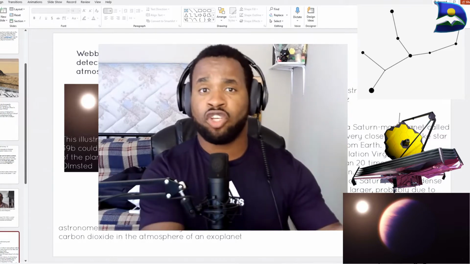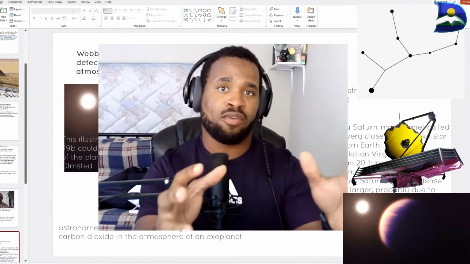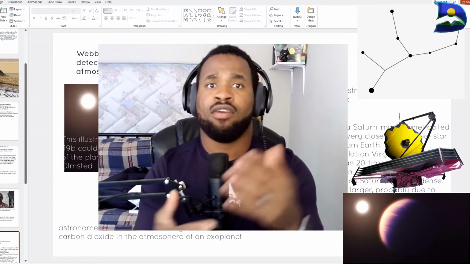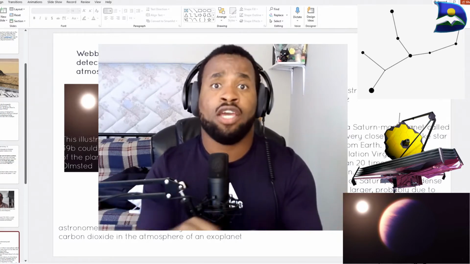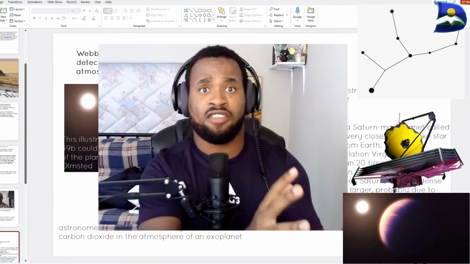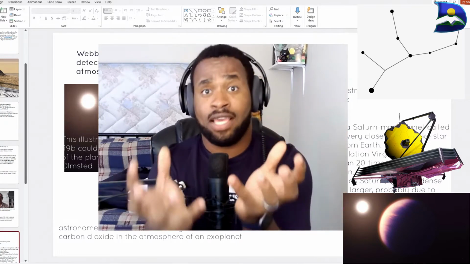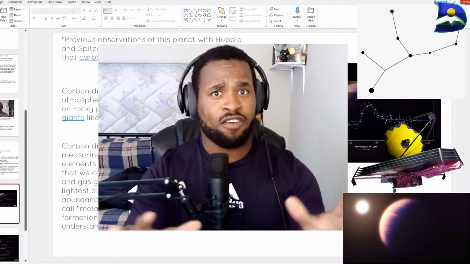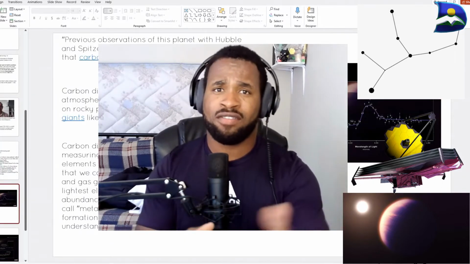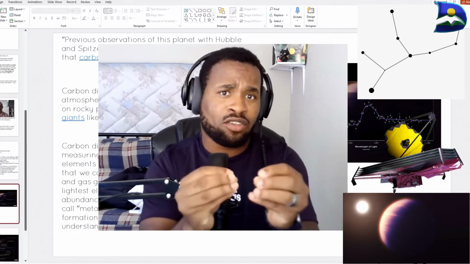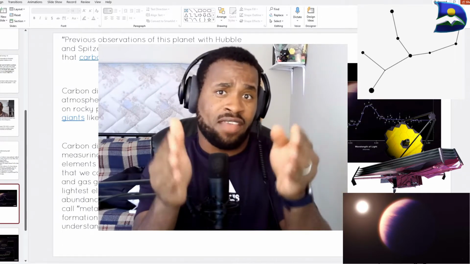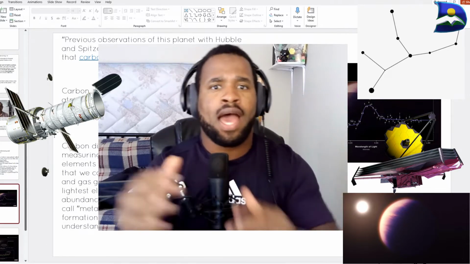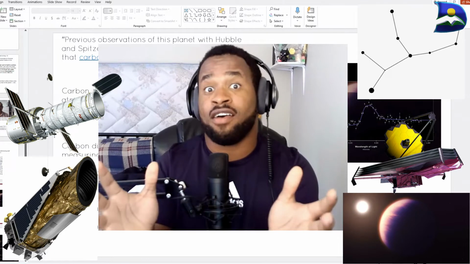Now, previous observations have said that this exoplanet's atmosphere is pretty much clear, and it's really easy for transmission spectrometry to be performed through this James Webb telescope's instrument analysis here. Now, is this discovery the best and the first of its kind? Not really, because they said that there were hints of carbon dioxide in this exoplanet from past data from the Hubble telescope and also the Spitzer telescope.